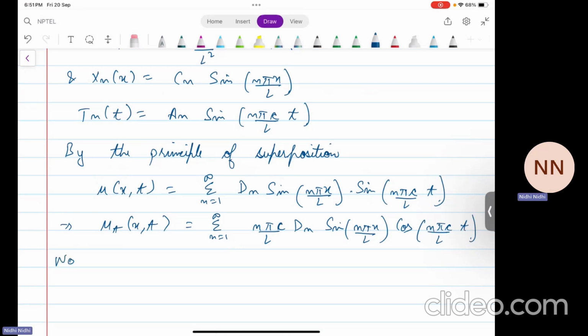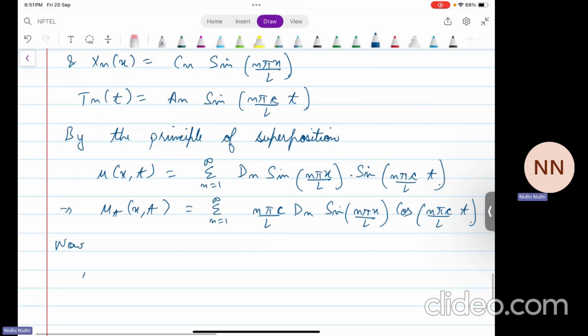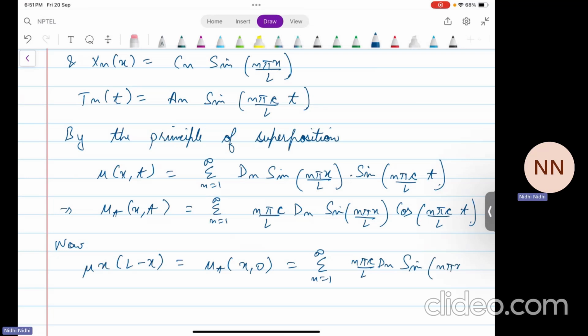Now we have mu x (L minus x) is equal to u_t at (x,0), which is equal to the summation n from 1 to infinity of n pi c by L dn times sine(n pi x by L), because cos 0 is 1.